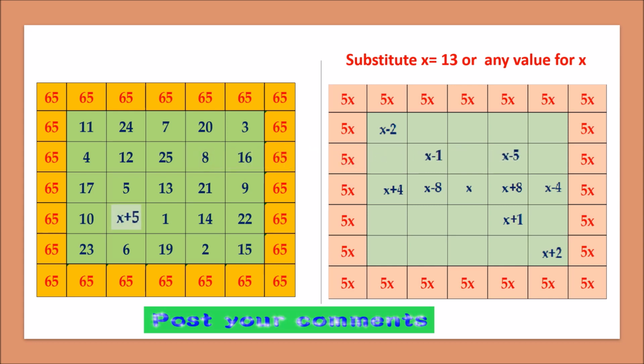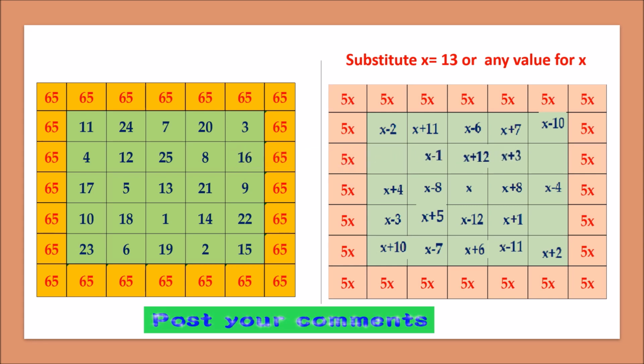By doing this, we will be getting a magic square. See, almost all the cells are going to be filled, and we will be getting the magic square over here.